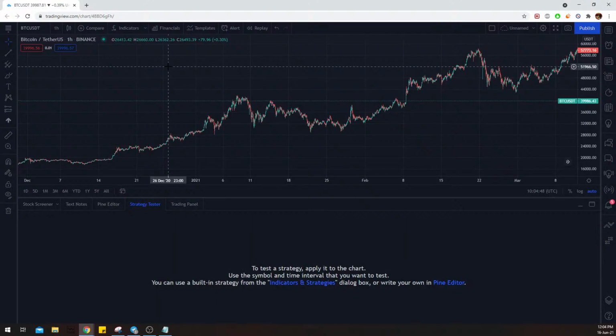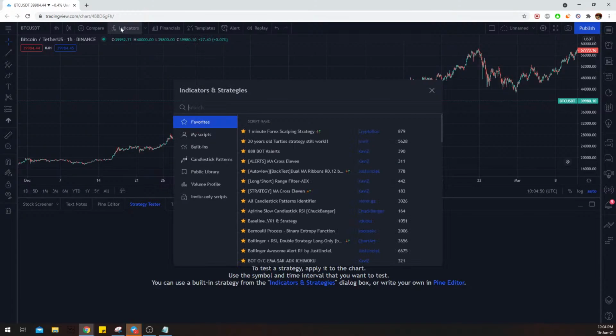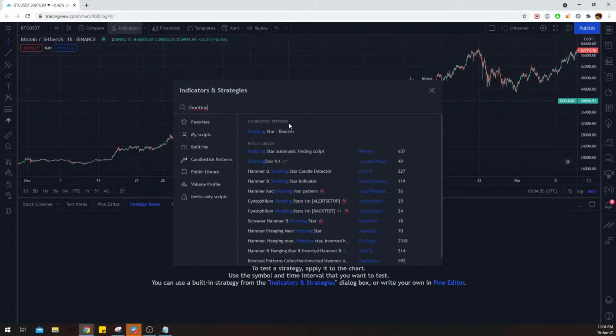So first we have the shooting star. Okay, so the shooting star bearish.